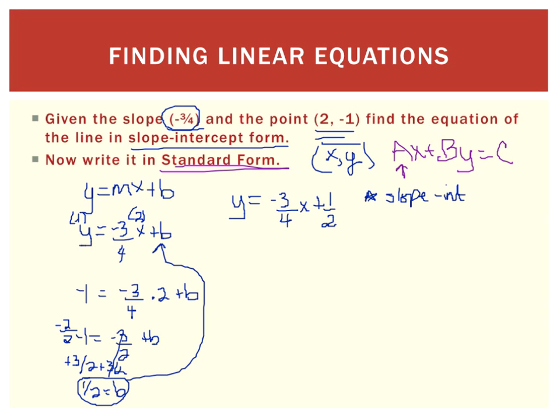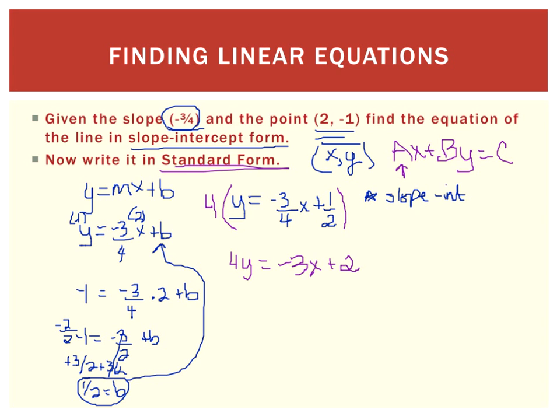Excellent. We want to multiply by a common denominator. And what would that common denominator be? Good. So that means we need to multiply this whole equation by 4. Okay? In doing so, I have 4y equals a negative 3x plus 2.